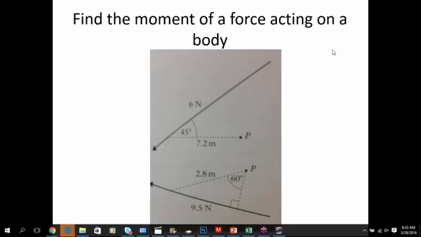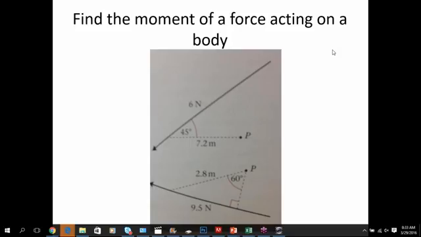All right, so let me give you the chance to do this question. This time P is at a point in the center, it's not on the end. So you've got to go from P, the distance from P each time.